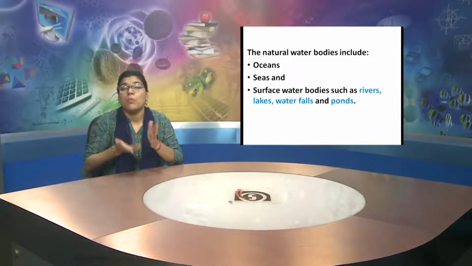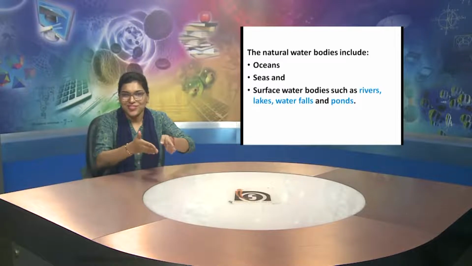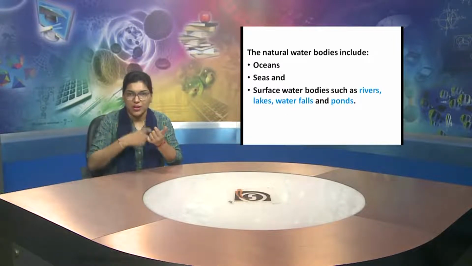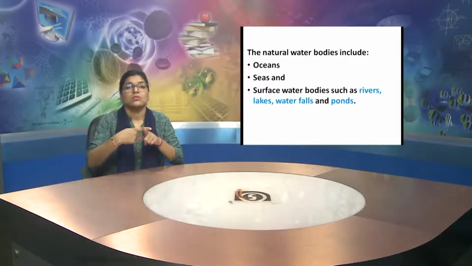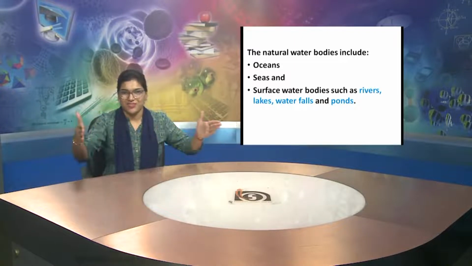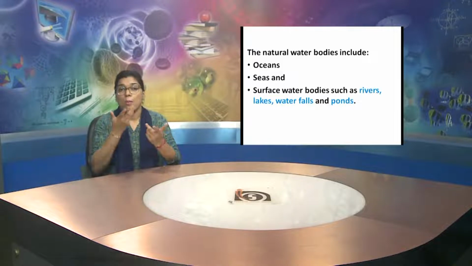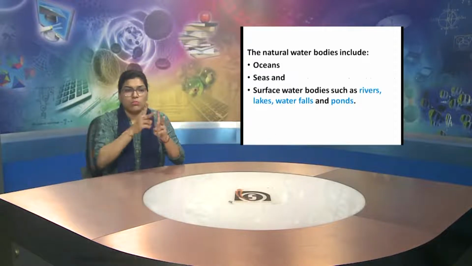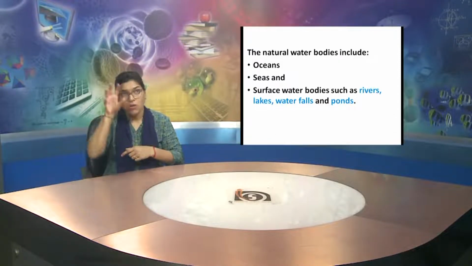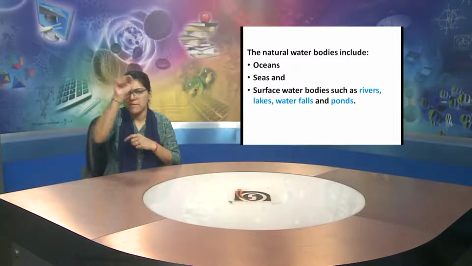In India, we have different rivers, and there are different lakes also. Different water bodies are there in our country.